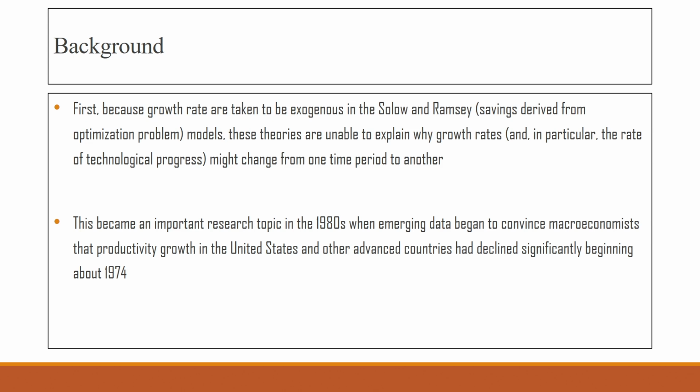We studied Solow, but there is also another model known as the Ramsey model, where the primary difference between the Ramsey model and the Solow model is, in case of Ramsey, the savings is derived from an optimization problem, whereas in Solow the savings rate was exogenously given to us. Now, these theories could not give a very satisfactory explanation as to why growth rates, and in particular the rate of technological progress, might change from one period to the other. So, this also became a very important question.